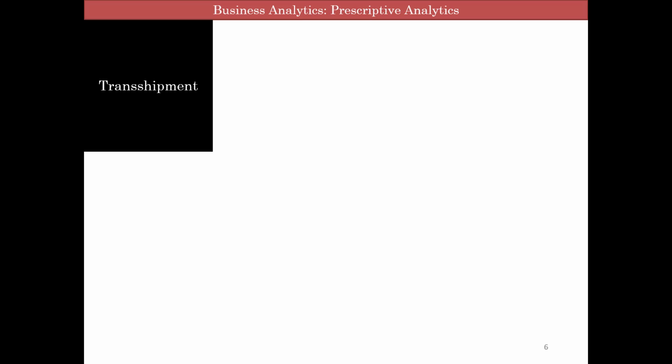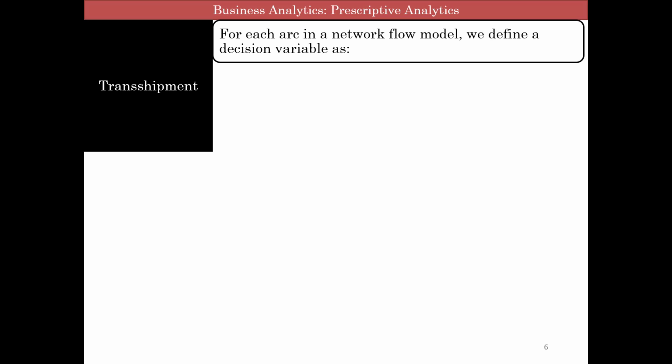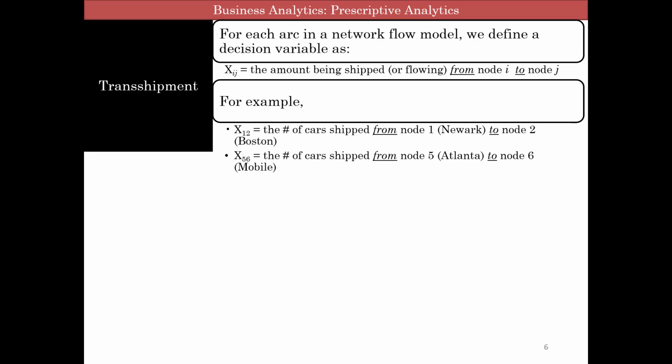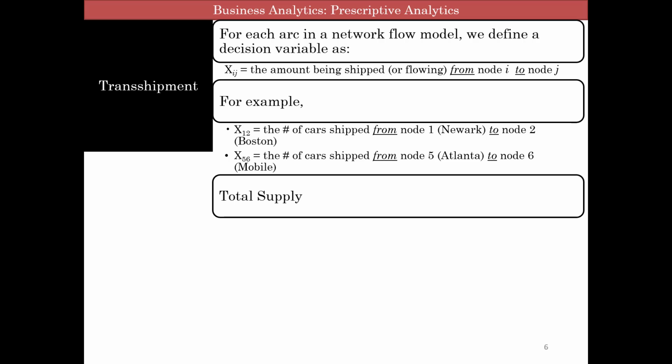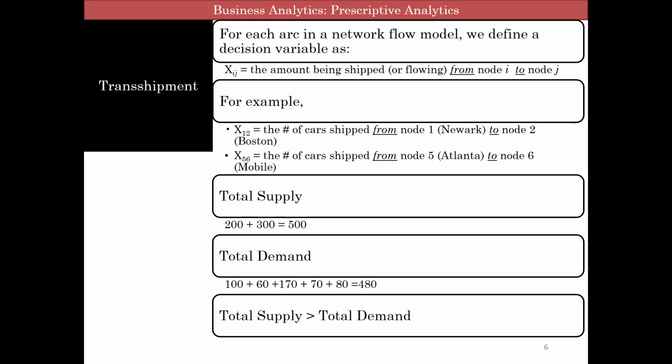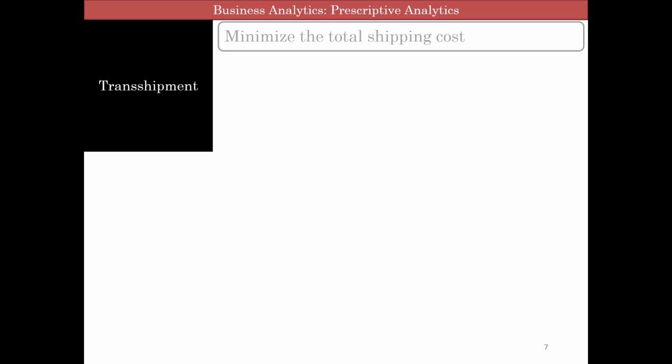For transshipment problems, for each arc, the decision variable is x_ij, the amount being shipped from node i to node j. For example, x12 is the number of cars going from New York to Boston, x56 from Atlanta to Mobile, and so on. Total supply is 500, total demand is 480. Total supply is greater than total demand, so we can satisfy all the demand.